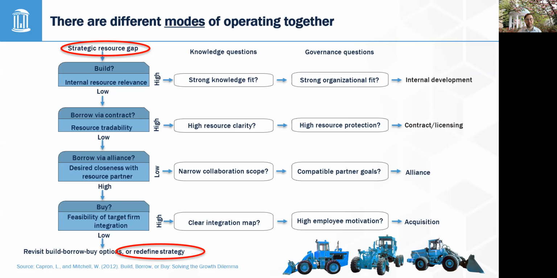We'll be spending a lot of time on each of these pathways in later sessions, but a couple of things I want to highlight now are common mistakes when using this framework. The first is failing to start with a strategic resource gap. You need to know what your strategy is and what you're trying to achieve before you figure out the best way of achieving that.